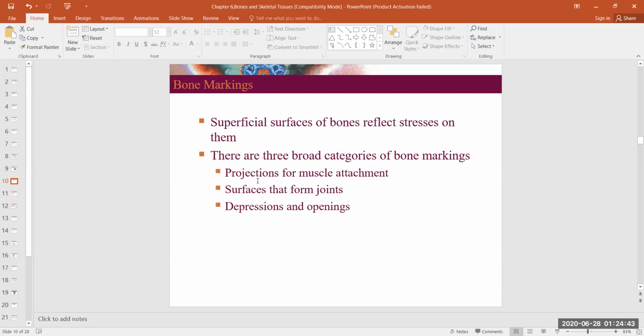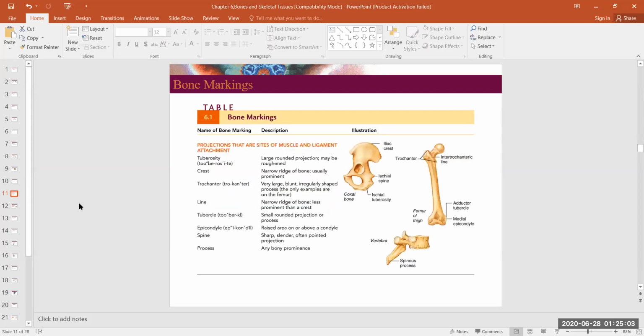We call them projections, which are for muscle attachment; surfaces of the bone ends, which are for the joints; and depressions and openings, which are for articulation, or openings for the entry of muscles or artery or vein or nerve. Here are some examples like tuberosity, trochanter, line, tubercle, epicondyle, spine. These are all bone markings. You can see their definitions here.